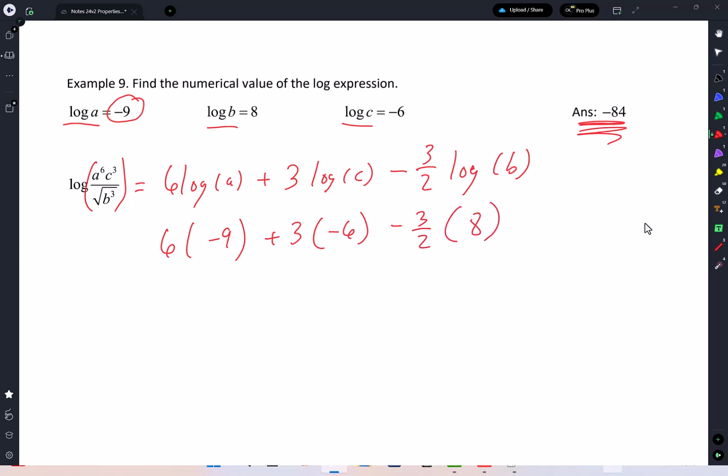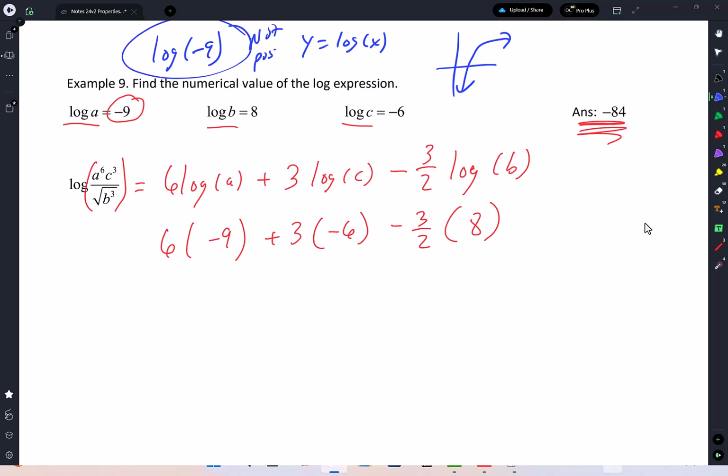Okay, real quick because I see it. I already saw it happen this morning, and if I see it on the test, I'm going to take off points. This says log A is negative 9, guys. Do not do this: log of negative 9. First of all, that's wrong. That's an error. Remember when you did domains of logs, the graph of log x looks like this, guys. So this is not possible. Don't do that.